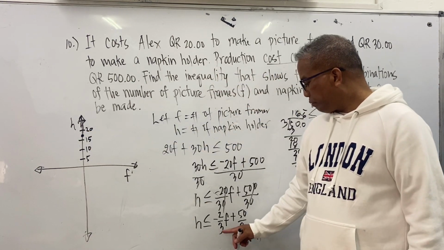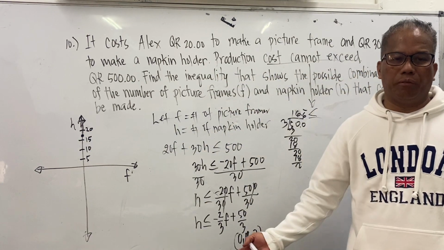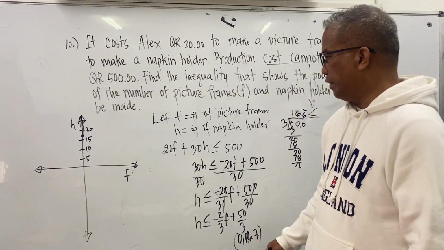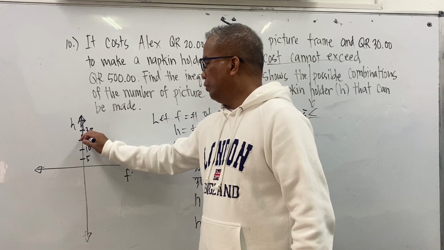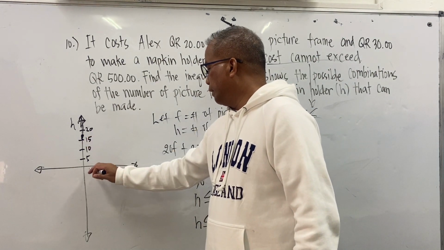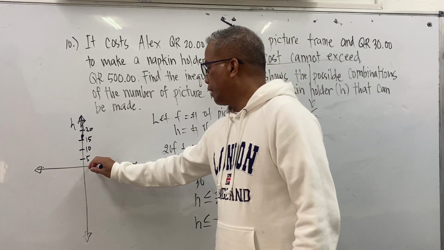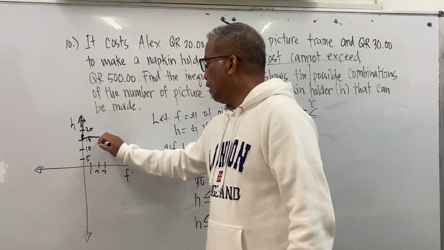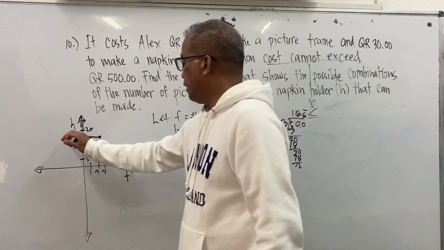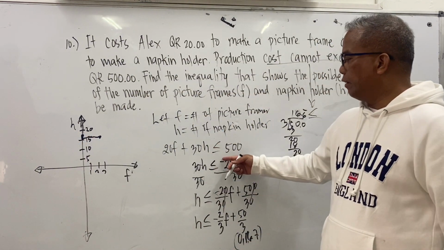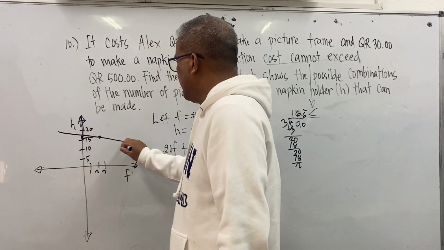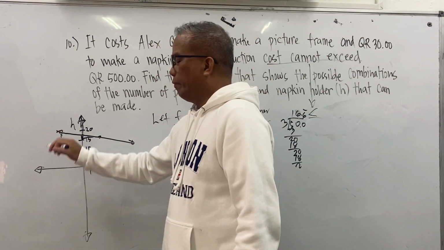And then negative 2/3 means 2 units downward, then 3 units to the right. So we have 1, 2, and then 3 units going to the right, 1, 2, 3, approximately here. Then connect. Since we have less than or equals to, it's a solid line. So this will be the graph.